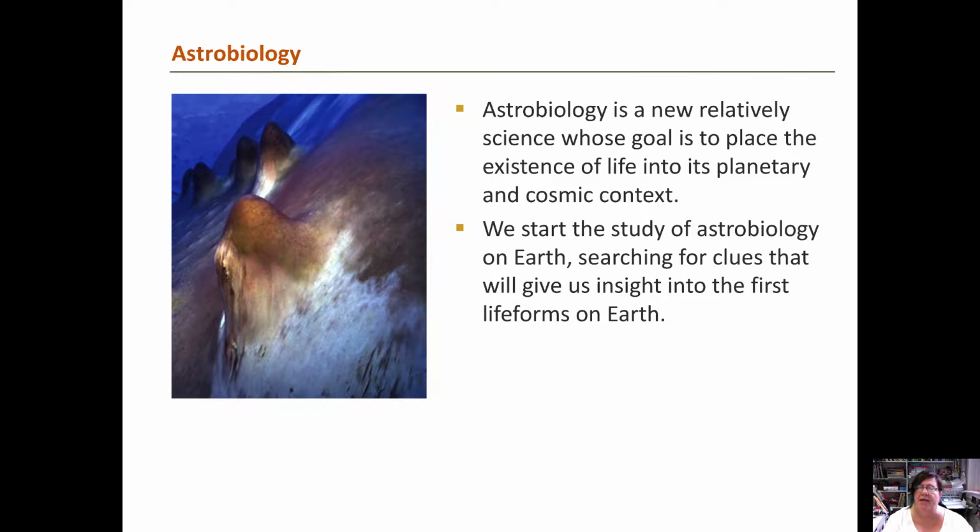And what I mean by that is not just understanding life itself and how it arose on Earth, but using that knowledge, anything we glean from that, to understand how or when or if life could exist outside of Earth. So let's look at a short intro video about that.